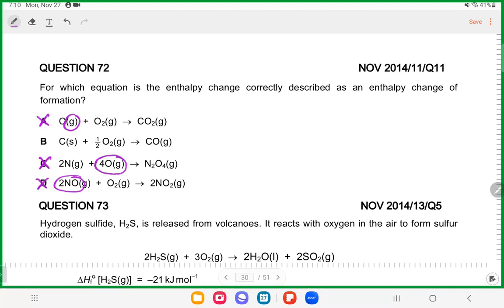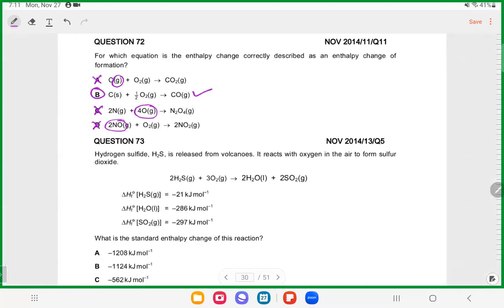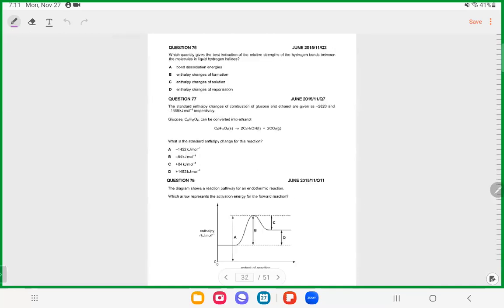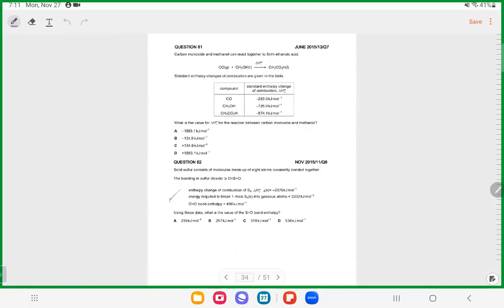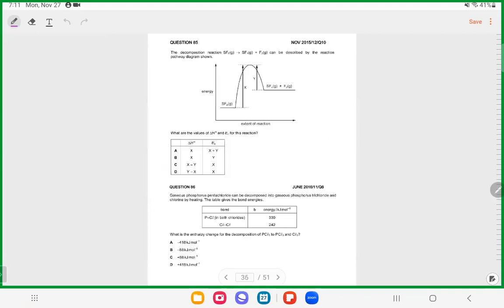And this is the formation of carbon monoxide. Okay? This is the formation of carbon monoxide. So B is the right option for this one. Make sure that you revise it thoroughly and pick the correct answers carefully.